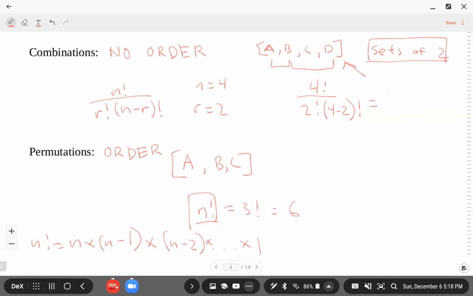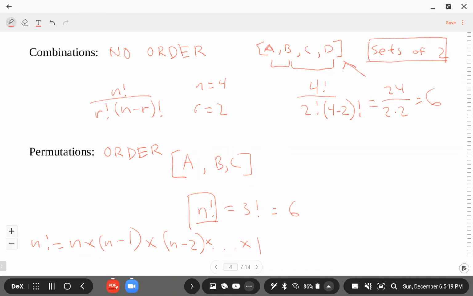We get 24 over 2 times 2, which equals 6. Very good, Stephen and Frank. Now I'm done with this slide, and I'm pretty sure everyone is done taking notes.